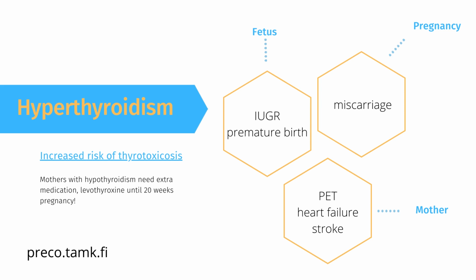The expecting mothers risk preeclampsia, solutio placentae, heart failure, and stroke. Due to these severe risks, individual preconception care is needed in women with hyperthyroidism for optimizing the disease and its therapy.